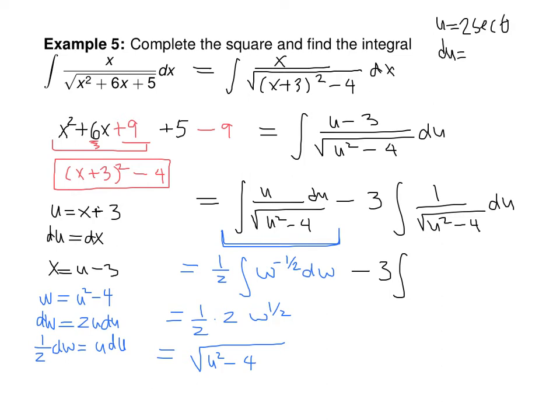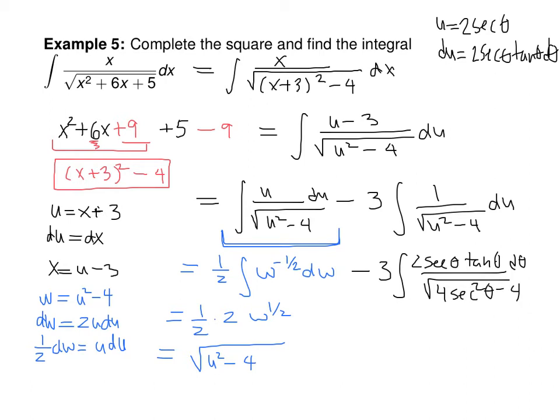So du will equal 2 secant theta tan theta d theta. So we have 2 secant theta tan theta d theta over the root of 4 secant squared of theta minus 4.